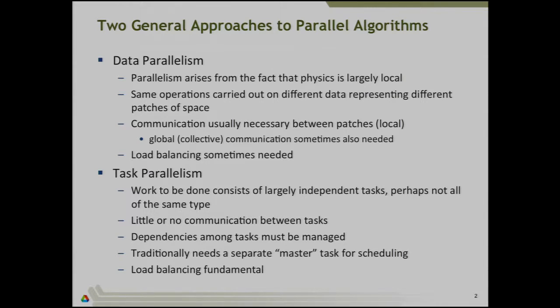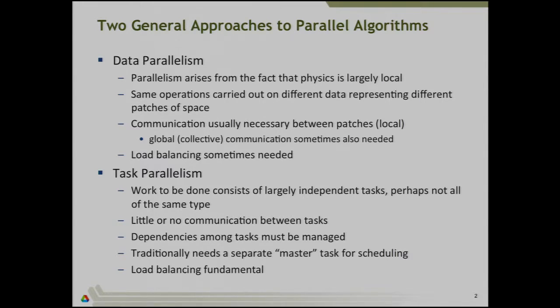You're doing the same operations on different patches of the world or the molecule or whatever it is that you're working on. And there has to be communication to get from one patch to the next patch. And sometimes you need global operations, and sometimes you need load balancing. That's not what this is about.